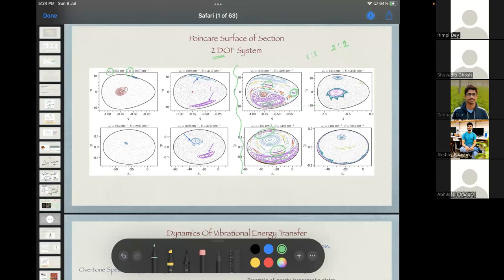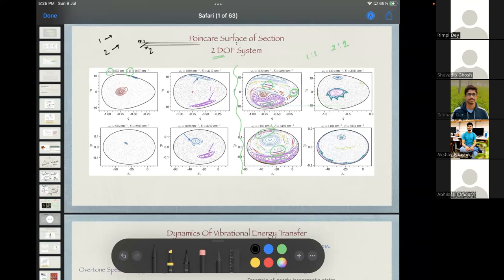Now, these phase-space structures actually contribute significantly to the energy transfer dynamics. How? Because these are basically the resonance between two oscillators. So let's say two oscillators. If they are in resonance, let's say their frequency ratio is N1 by N2.